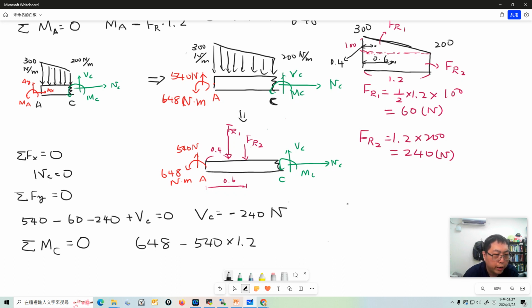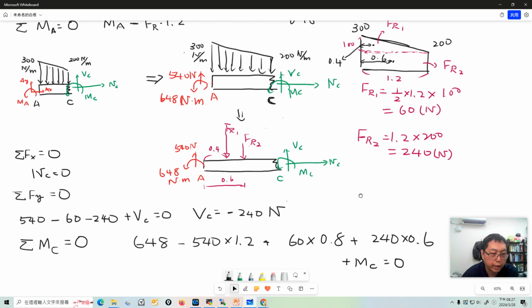The FR1 and FR2 also create a counterclockwise moment. So FR1, 60 times 0.8, because the moment arm is 1.2 minus 0.4, counterclockwise, plus FR2, 240 times 0.6, plus MC equal to 0.